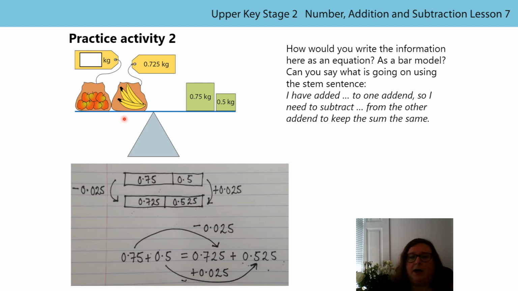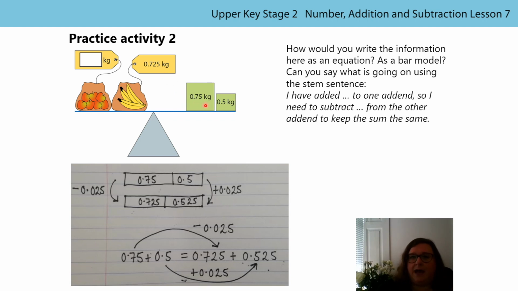So first of all, I was trying to think about how to deal with these decimal numbers, and then I remembered Mrs. Furlong again, and I decided that rather than calling this 0.75 and this 0.725 kilograms, I would think of them in terms of thousandths. So this is 725 thousandths, and this is 750 thousandths.